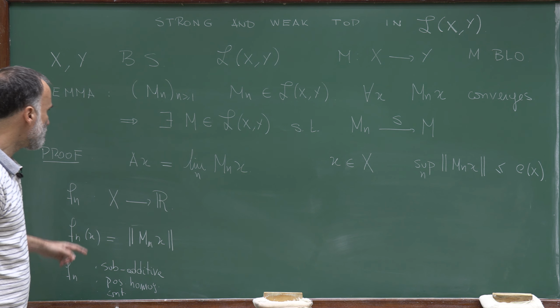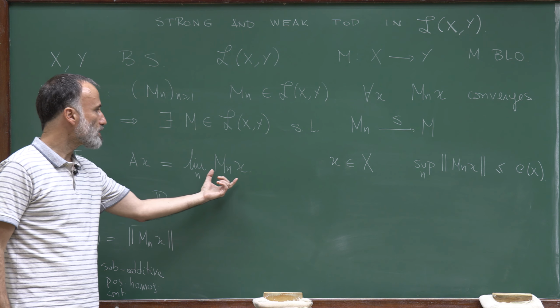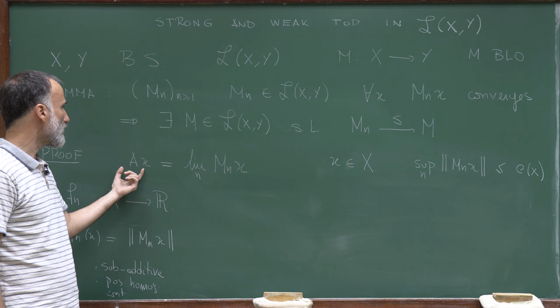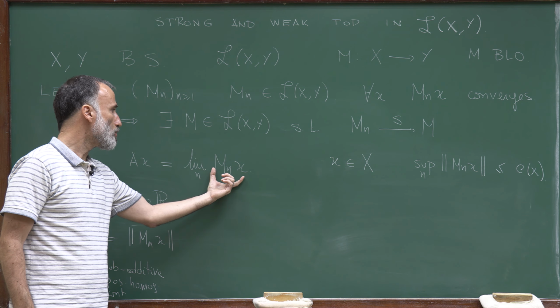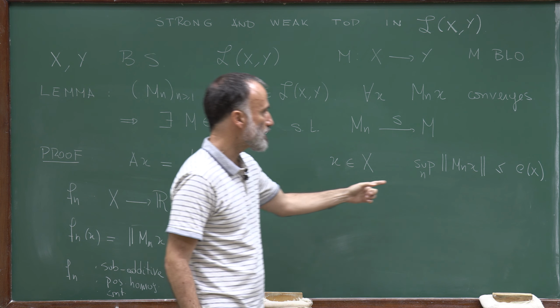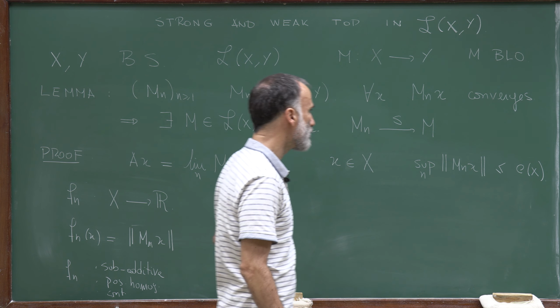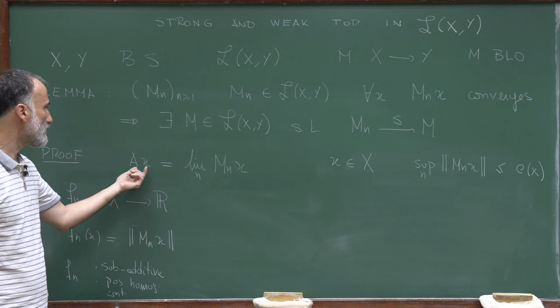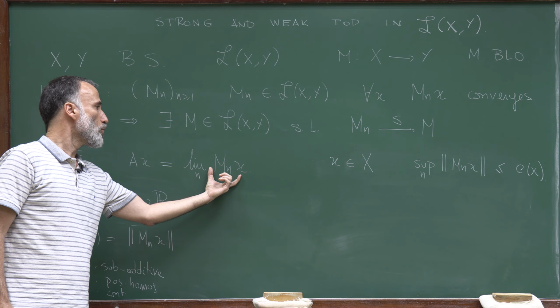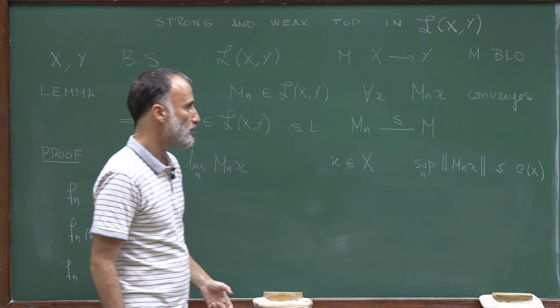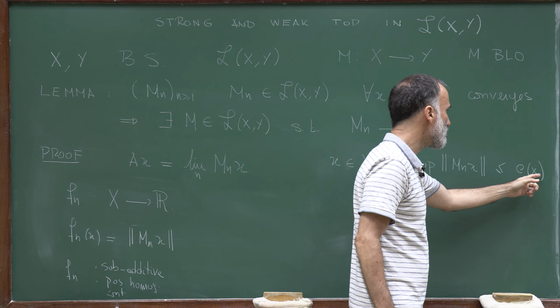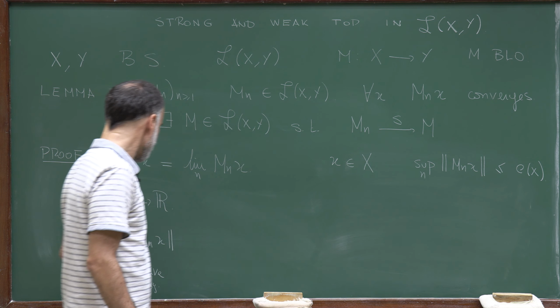And this is clear because the sequence mn x is converging to Ax. This means that the norm of this sequence is bounded, and this is exactly what we are saying here: for each fixed x, the norm of this sequence is bounded by a constant which may depend on x.